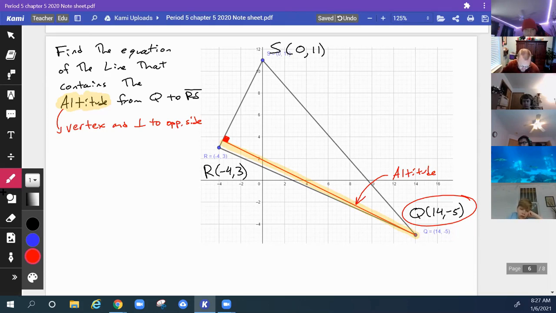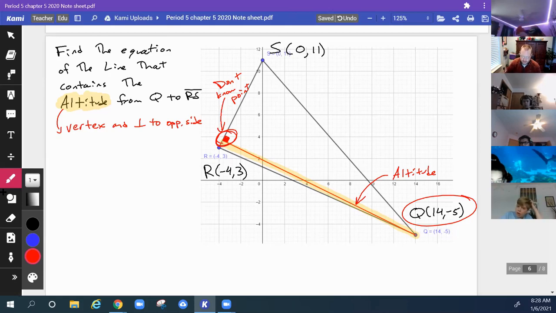All right, now here's the thing. This down here, I don't know the point. So I don't know the point there. So I have no way of just knowing what that point is.